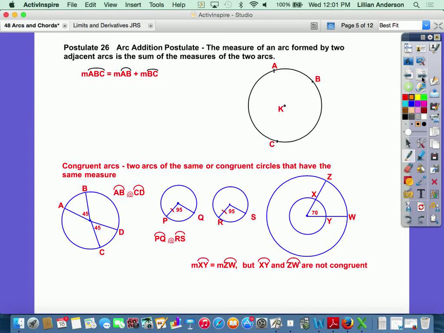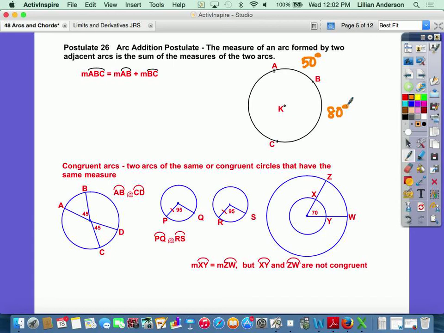That's exactly what you have here, okay? The measure of arc ABC is the measure of AB plus BC. Simple enough. So if AB was 50 degrees and BC was, I don't know, 80 degrees, what is the measure of arc ABC? 130.